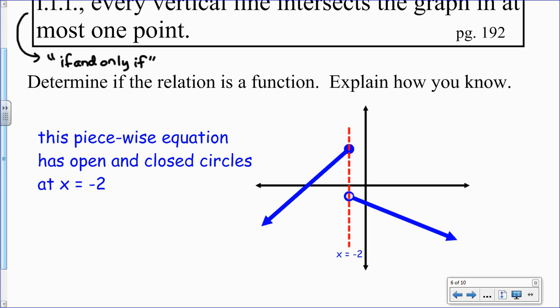But since this is an open circle, that is not a point. So it really only goes through the graph once. So this is a function because it only goes through once everywhere. That is an open circle, so that is not a point.